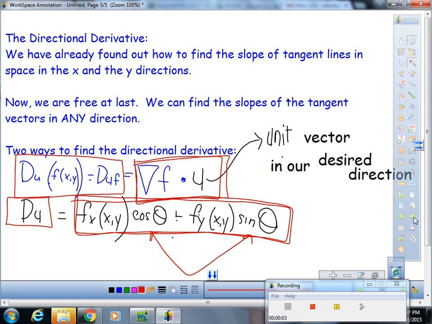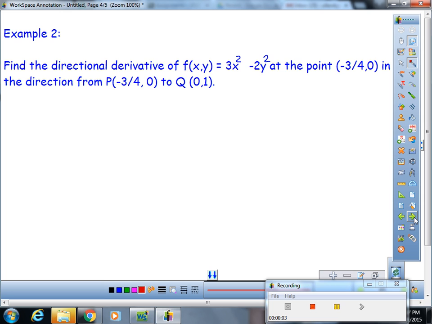All right, let's practice that. So, find the directional derivative of, okay, so we got our function of multivariables. So I know that we're going to need to find our f sub x. So what is that? 6x, right? And f sub y is a negative 4y.